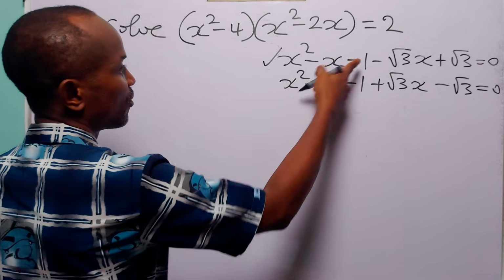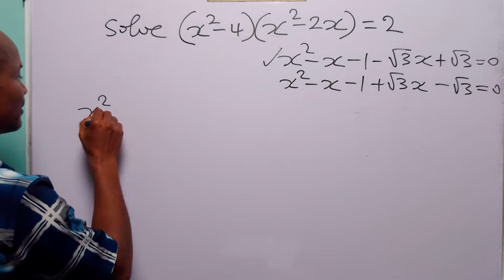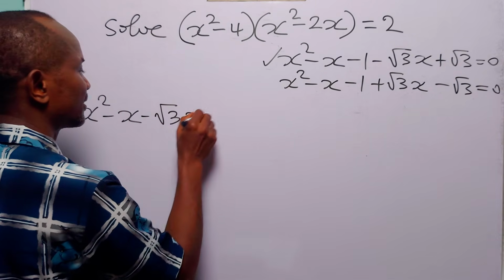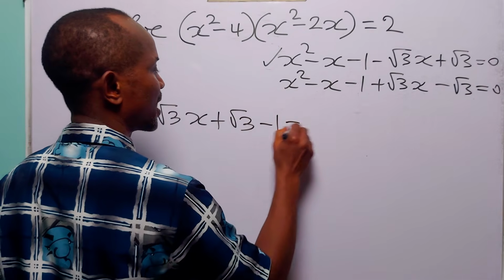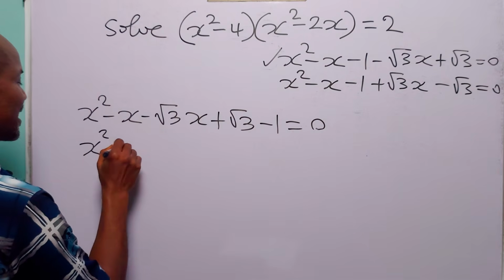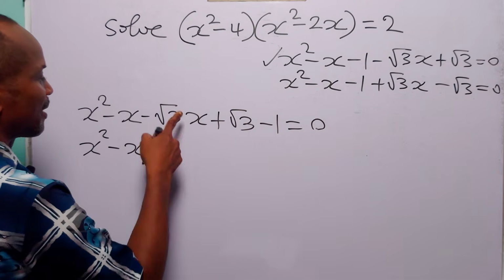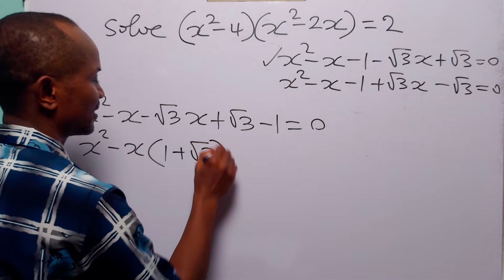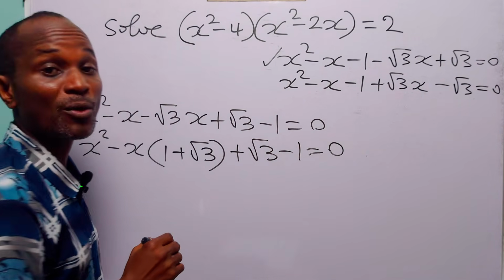Now, in the first case, when we rearrange this quadratic equation, we have x squared minus x minus root 3x plus root 3 minus 1 is equal to 0. We have x squared, minus x divided by minus x is 1, minus root 3x divided by minus x is plus root 3, and now we have plus root 3 minus 1, and this is equal to 0.